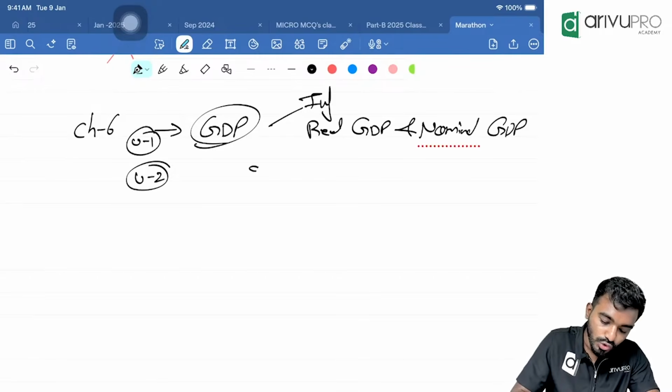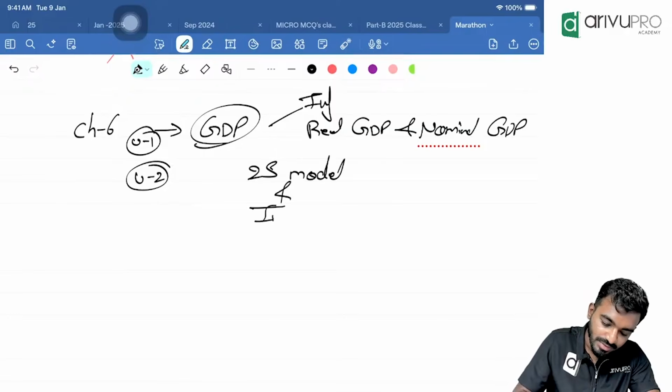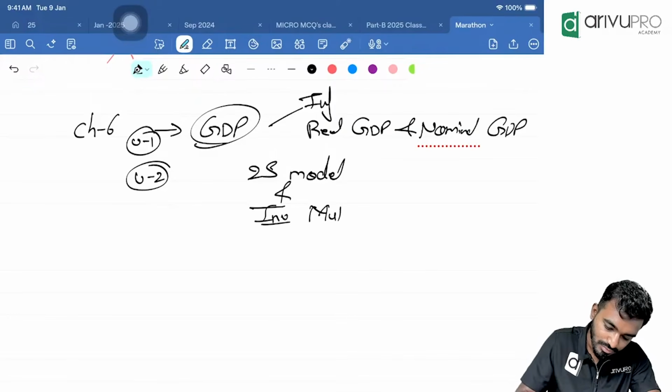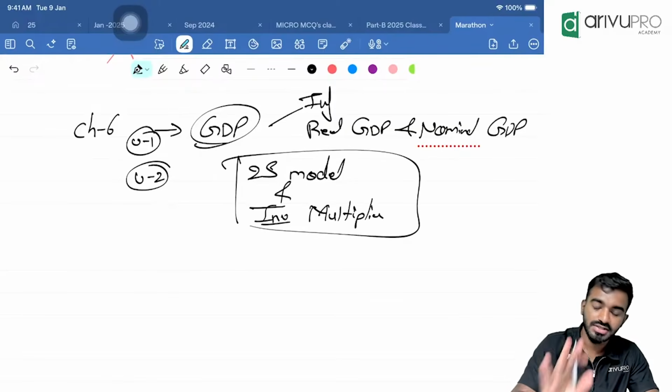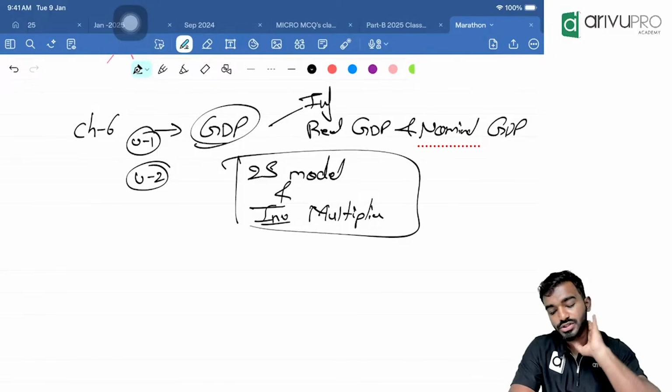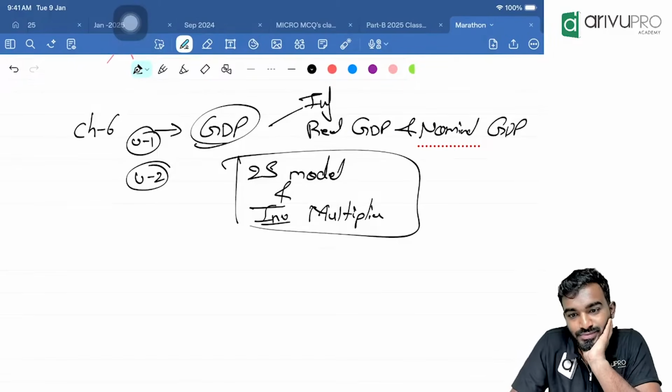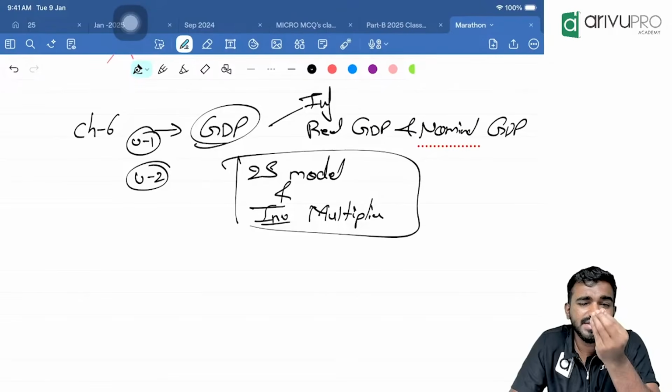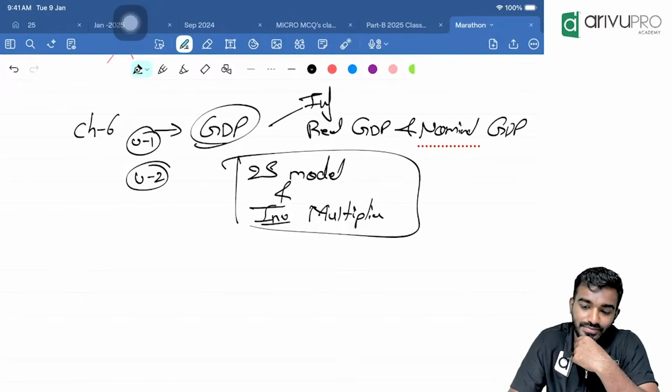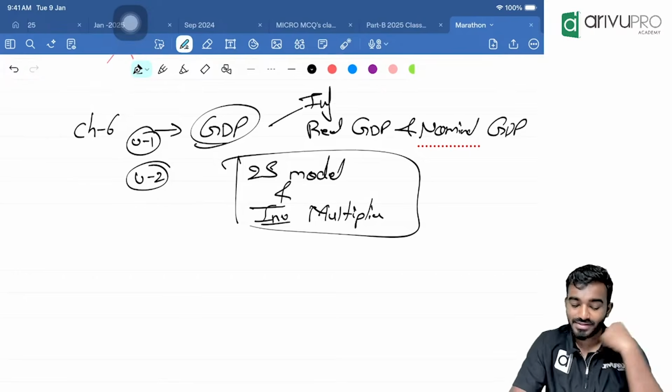In unit 2, two sector model and investment multiplier. These two numericals are most important, even more than theory. This is where most questions come. And in national income calculation, income method, value added method, expenditure method, small, easy, silly questions will come from that. This is the main area of chapter 6.